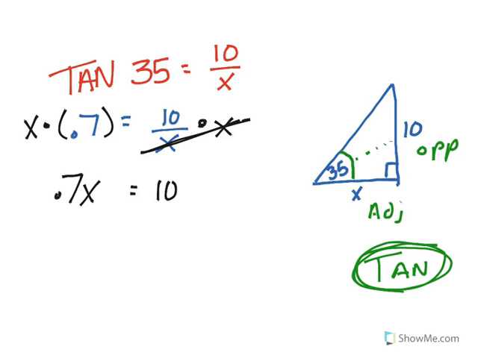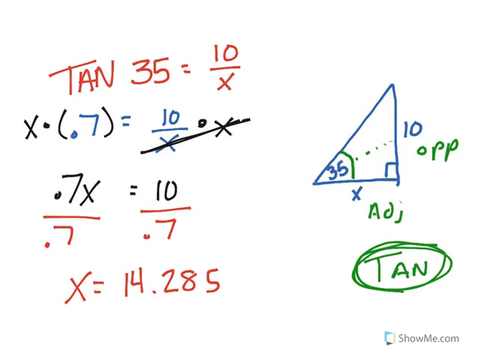To isolate the x, I will divide by 0.7 in my calculator: 10 divided by 0.7, and I get x equals 14.285. Works for me. I hope these four problems got you going and you understand, and remember, you can always come back to these and watch it step by step.